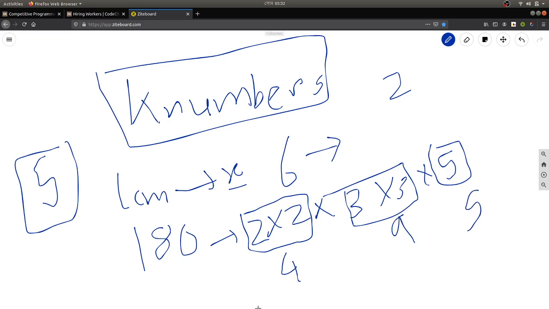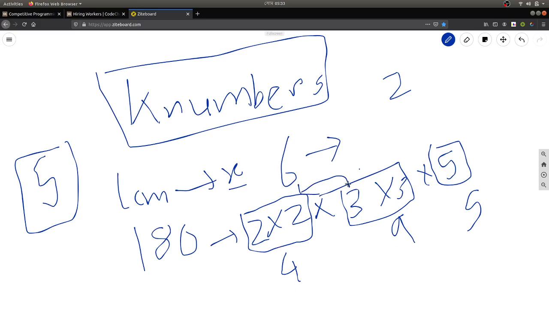If we choose in any other way, suppose you are saying why can't I take one of these 3's and multiply it with this 4, then it becomes 12, and I have 3 and 5, and that summation will be smaller.